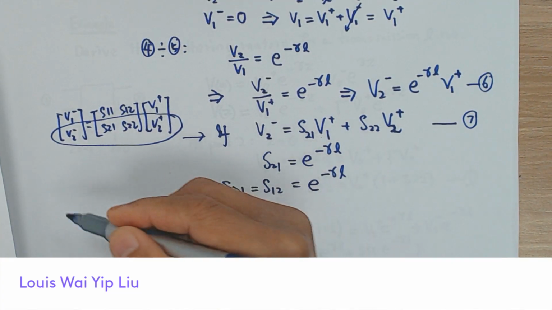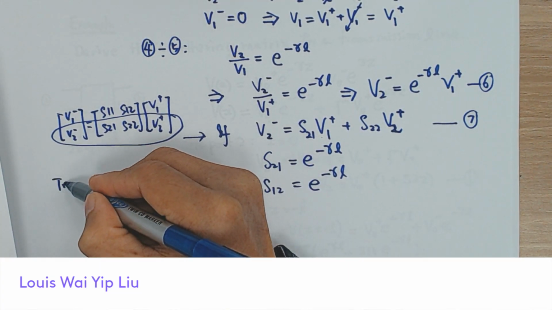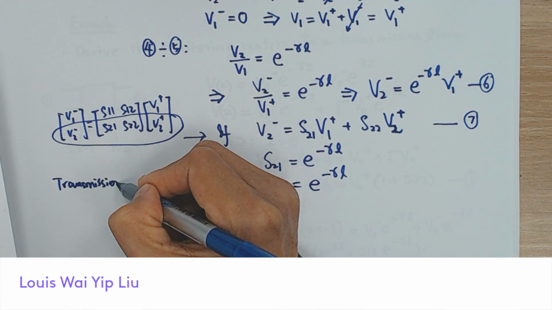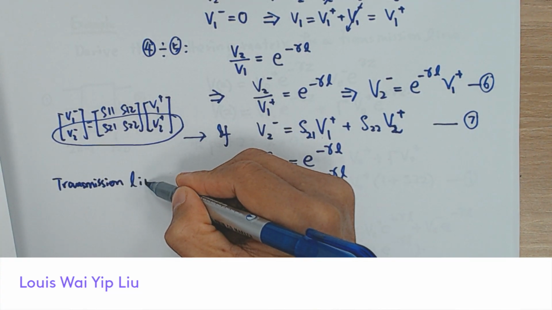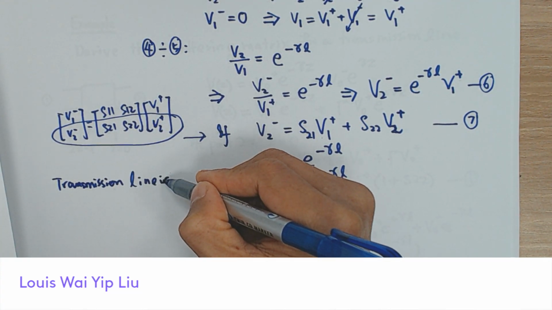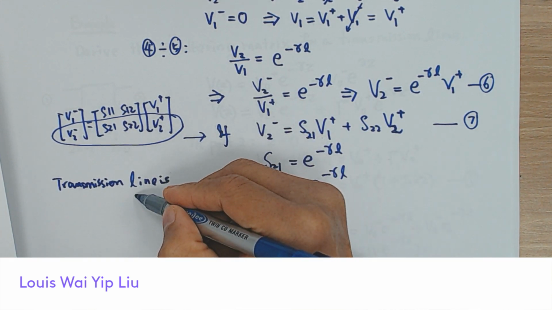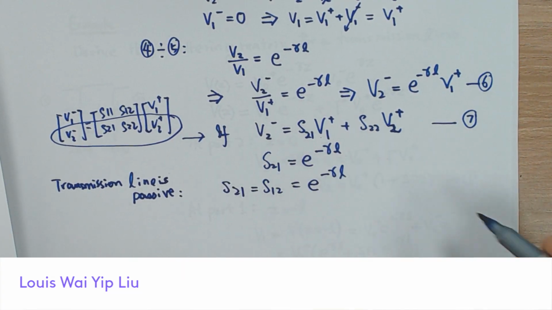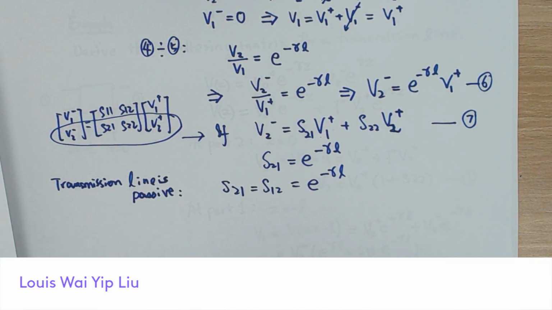The reason is the transmission line is a passive network. When the transmission line is passive, then it should be reciprocal.